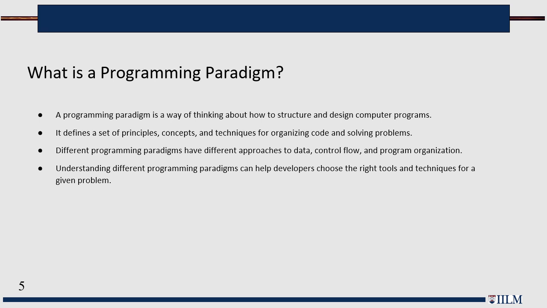If we consider a high level language, then we can get different aspects of that language in different environments or paradigms. But in case of C, we can use it only in the C compiler, and that is a stand-alone language. Different programming paradigms have different approaches to data, control flow and program organization.